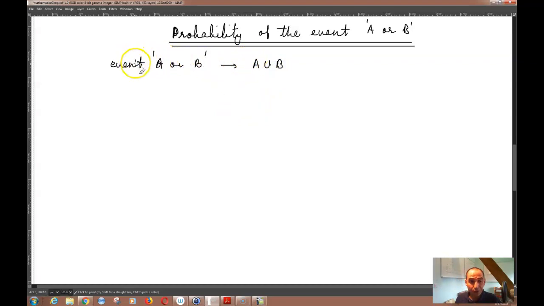So when you want to find the probability of this event, you can simply write it as the probability of A union B.